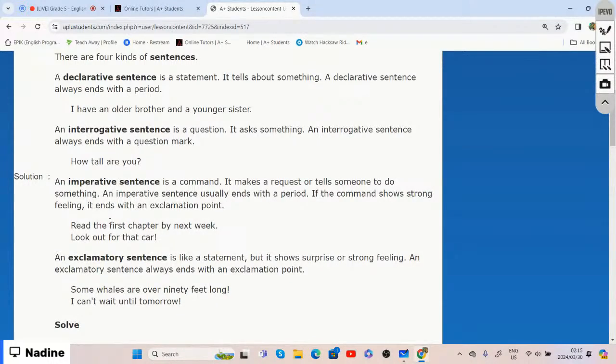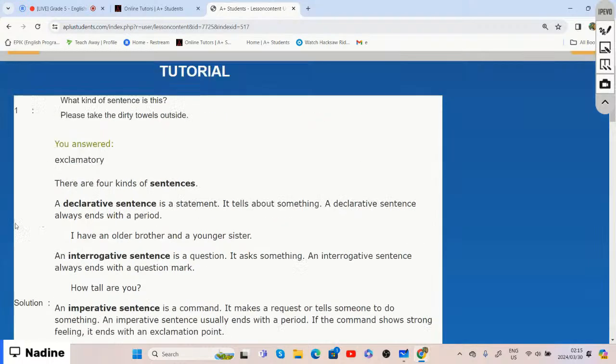All right, so there are four kinds of sentences, right? And we made mention once again of the declarative sentence, which is a statement and it ends with a period. Interrogative, which is a question and it ends with a question mark, right? So that is the four kinds of sentences. If we look at the sentence that is just highlighted, what kind of sentence do you think that is? It says, please take the dirty towels outside.